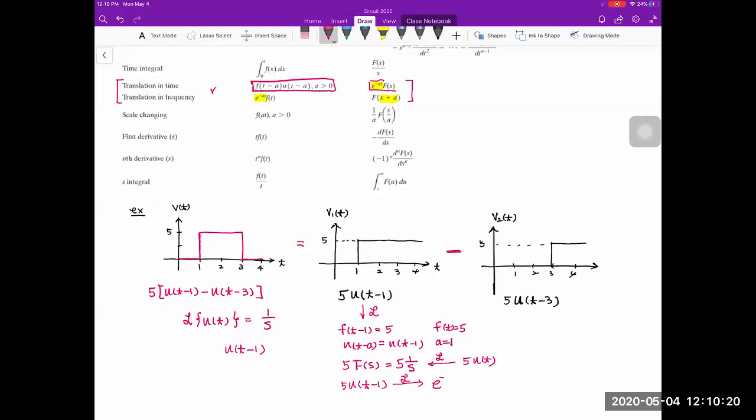What is a? a is equal to 1. So e to the minus s, multiplied with the F(s). The F(s) is actually 5 over s, because there's a constant 5. So the Laplace transform of this is equal to this.